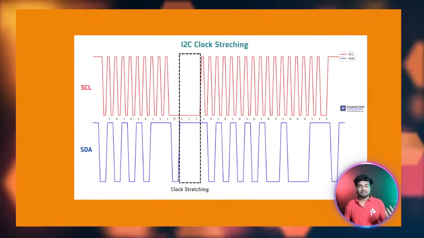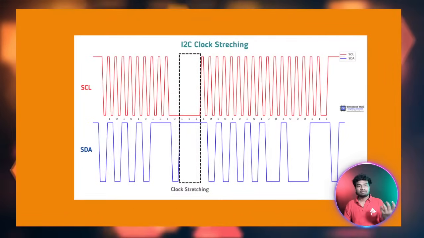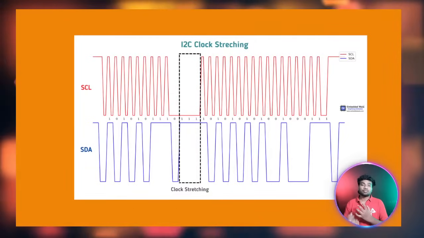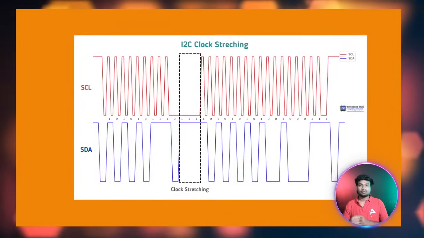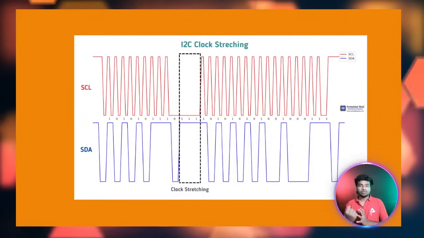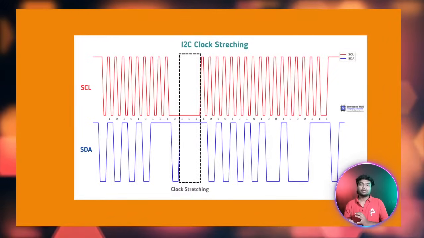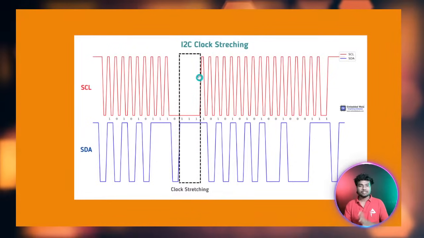So any device, from the master side or from the slave side, can pull down the lines. By using that advantage, the slave pulls down the SCL clock line to take some time to process the data. Okay, so this is clock stretching.